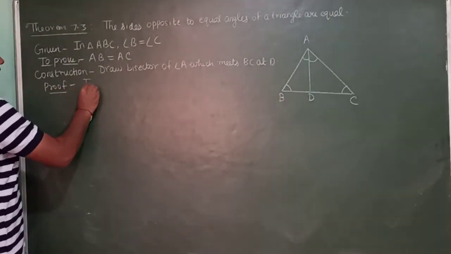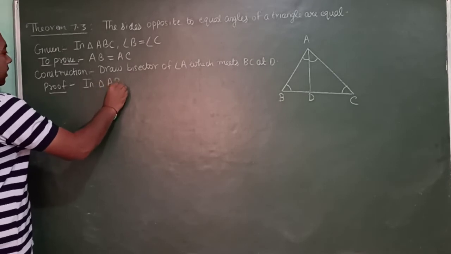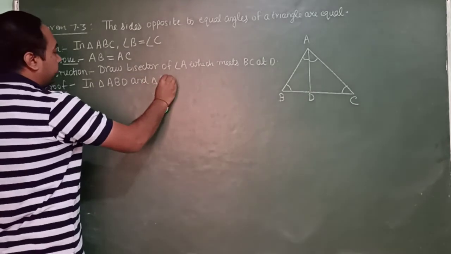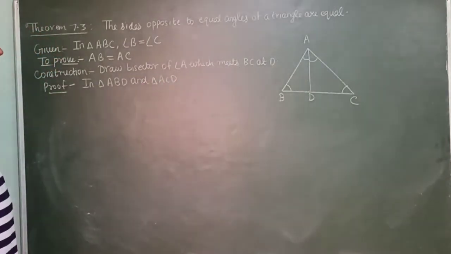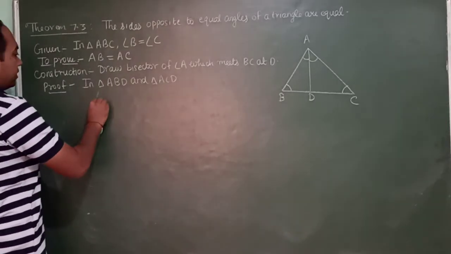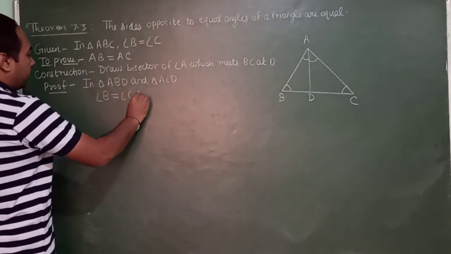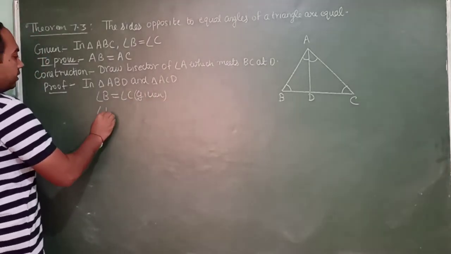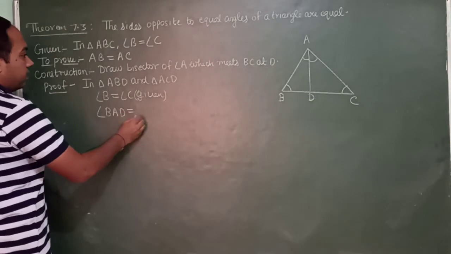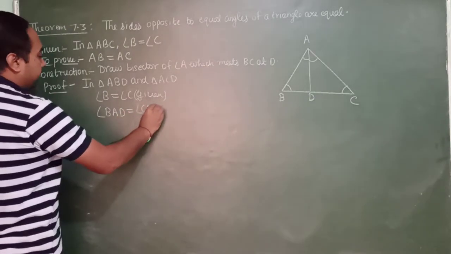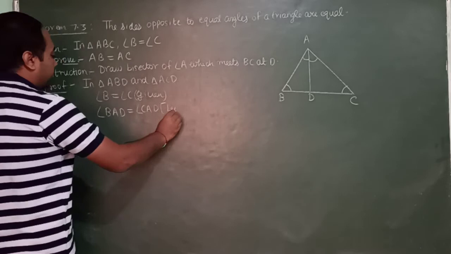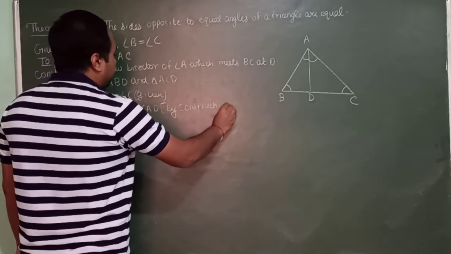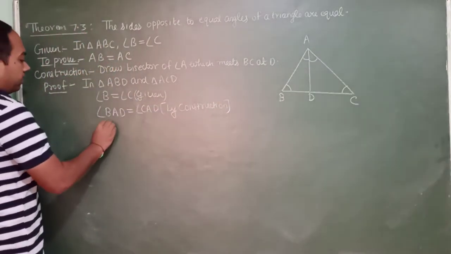In triangle ABD and triangle ACD, we have, the first one is angle B is equal to angle C, given. Then angle BAD is equal to angle CAD by construction, and after that you can write AD common.